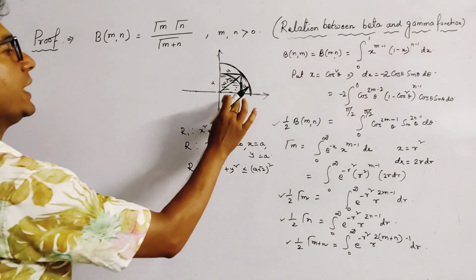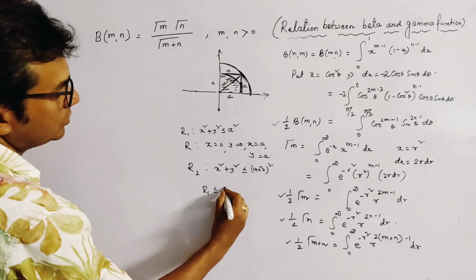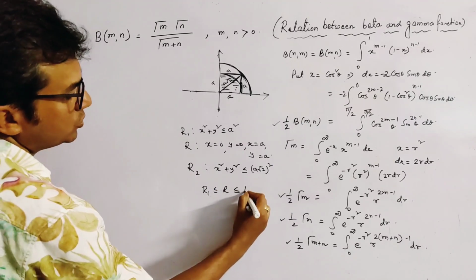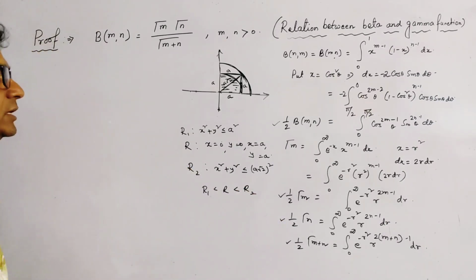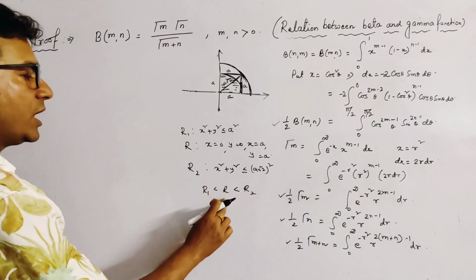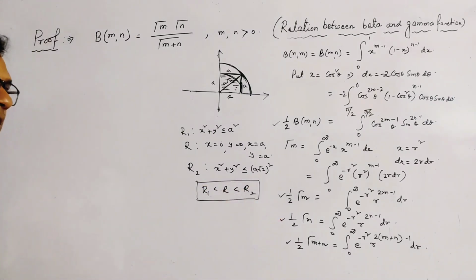In area we can write R1 less than or equal to R less than or equal to R2, or we may write R1 less than R less than R2 for these three regions.